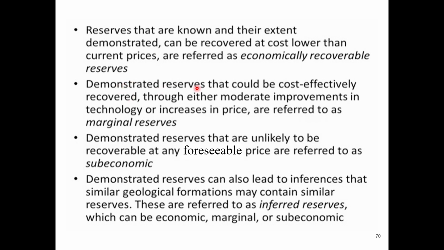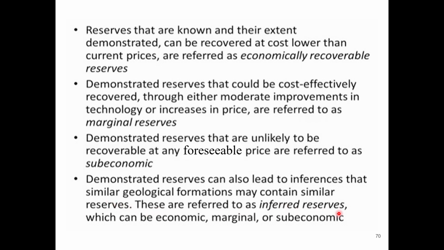Demonstrated reserves that could be cost effectively recovered through either moderate improvements in technology or increases in price are referred to as marginal reserves. Demonstrated reserves that are unlikely to be recoverable at any foreseeable price are referred to as sub-economic, and demonstrated reserves can also lead to inferences that similar geologic formations may contain similar reserves.